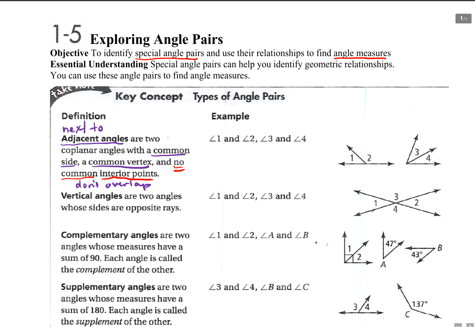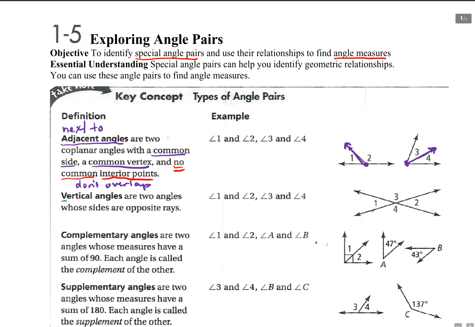So if we look over here, we can see that we have a couple of angles. Angle 1 and 2 share this common vertex and this common side. And angles 3 and 4 are also adjacent angles. They have a common vertex and a common side. Notice they do not overlap.